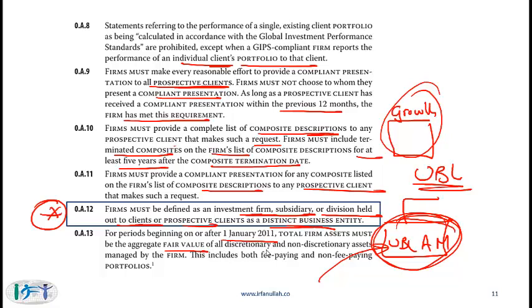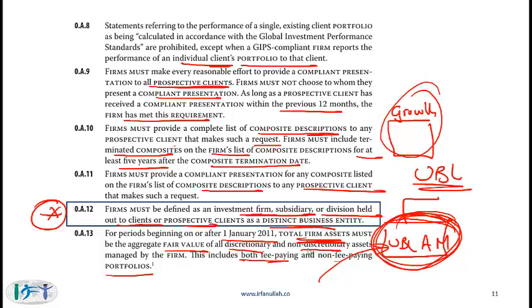For periods beginning on or after 1st January 2011, total firm assets must be the aggregate fair value of all discretionary and non-discretionary assets managed by the firm. This includes both fee-paying and non-fee-paying portfolios. Now, just to avoid any confusion, if a particular firm is reporting its total assets, then it can include all discretionary and non-discretionary assets.